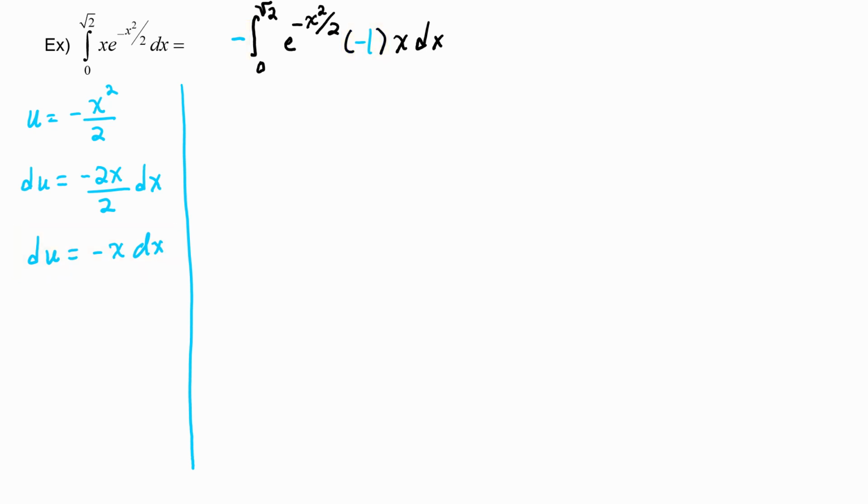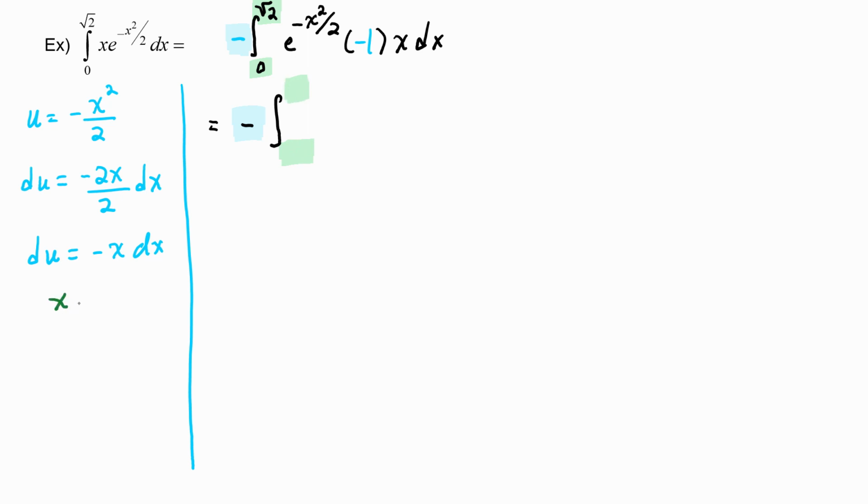Now we are ready to do our substitutions. So this is going to equal, we have that negative sign out front that stays there. Then we have to integrate, and now we have the lower limit and the upper limit that have to be converted over to the u variable.